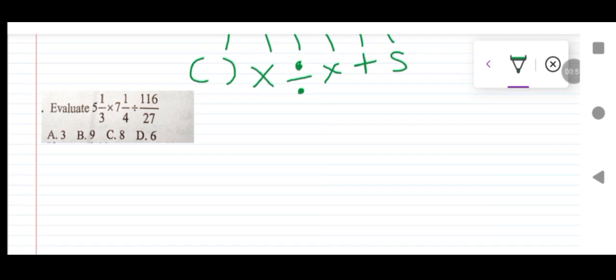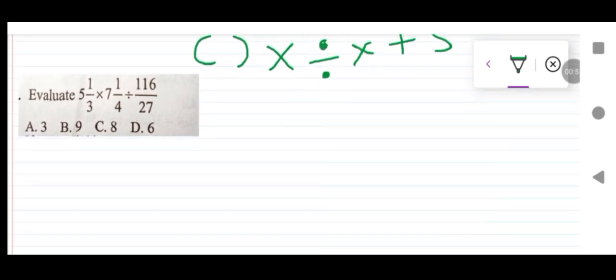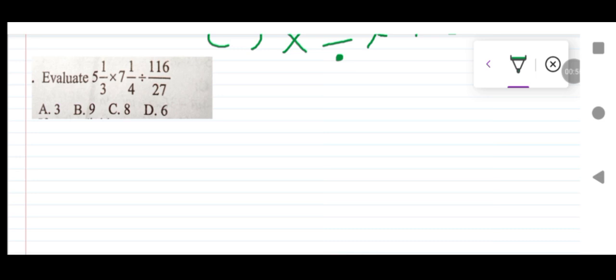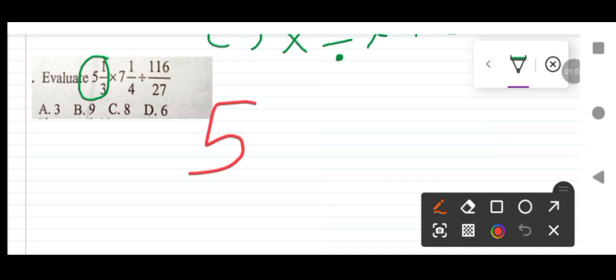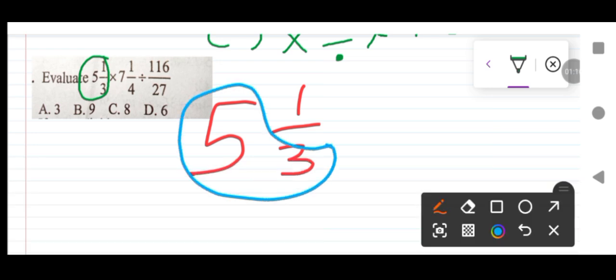So what you want to do now is, firstly, convert these mixed fractions to improper fractions. And how do you go about that? We have 5 whole number 1 over 3. You multiply 3 times 5, which is 15, plus this 1, which is 16 over 3.